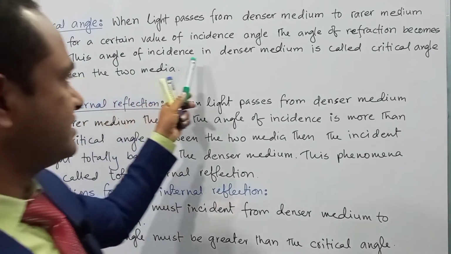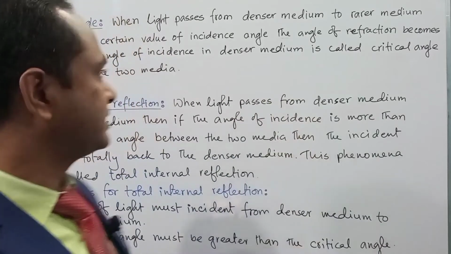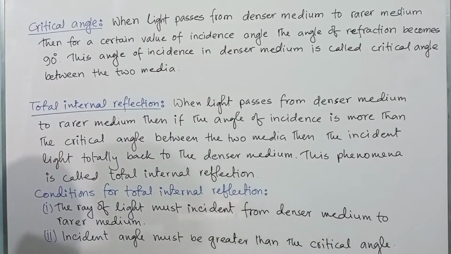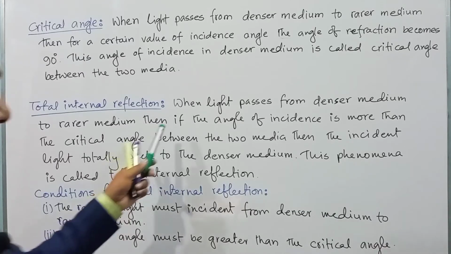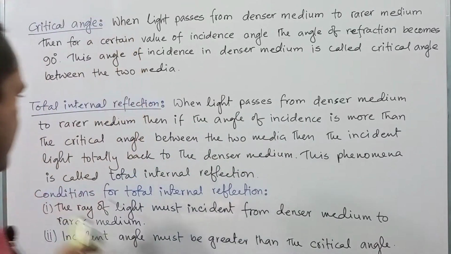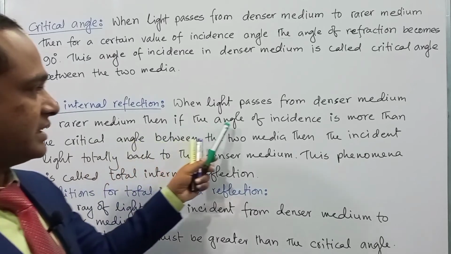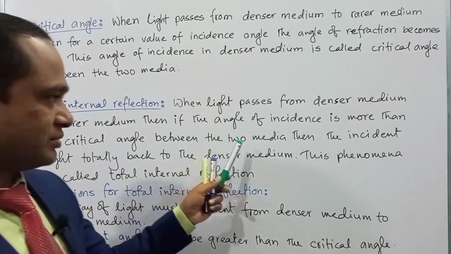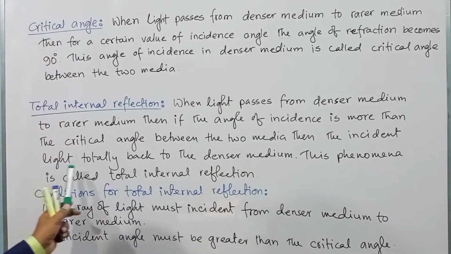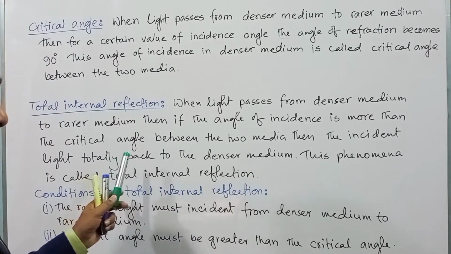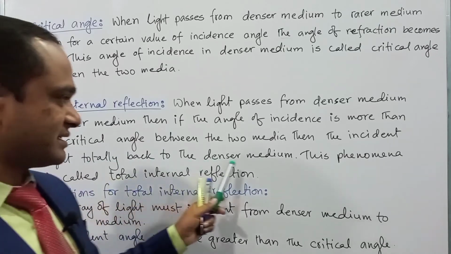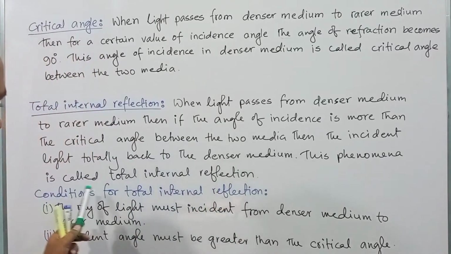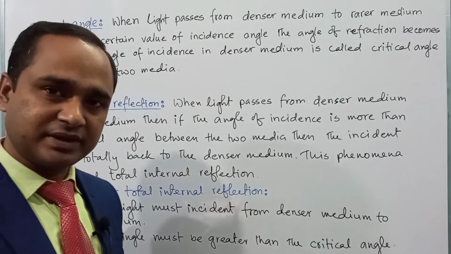This angle of incidence in the denser medium is called the critical angle between the two media. And total internal reflection: when light passes from a denser medium to a rarer medium, then if the angle of incidence is more than the critical angle between the two media, then the incident light totally goes back to the denser medium. This phenomenon of light is called total internal reflection, right?